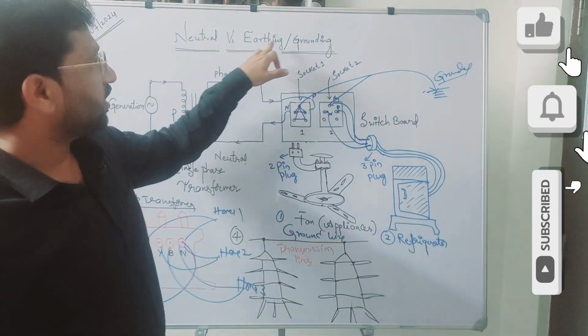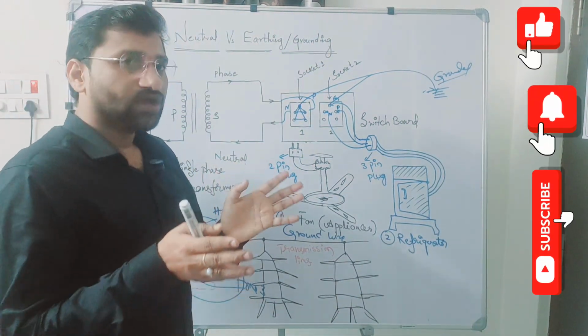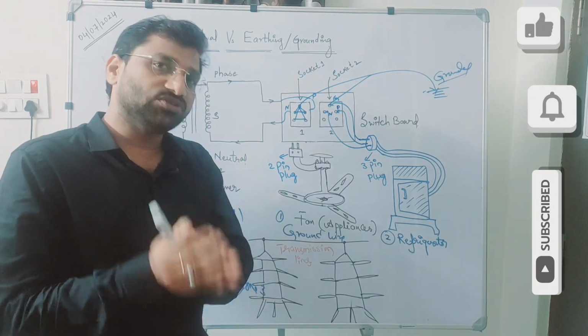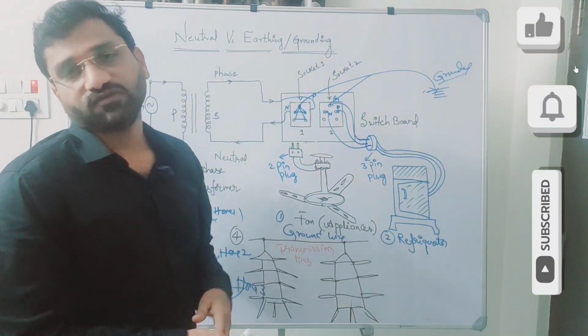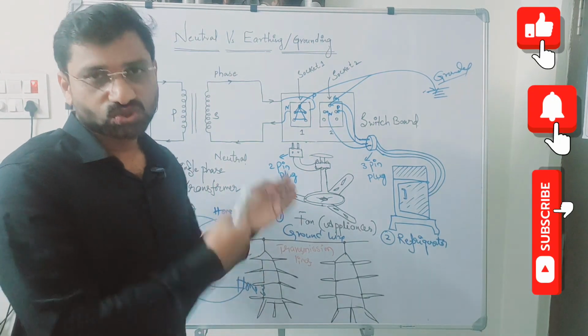So earthing and grounding are nothing but precautionary items for the personnel who are working with the electrical system, whereas neutral is nothing but the return path for the current to go from load to source.